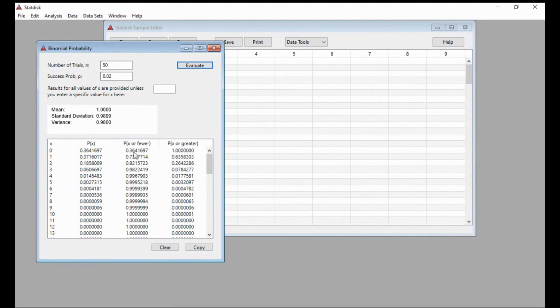Of course, the variable cannot be less than 0, because the minimum value is 0 and the maximum value of the variable is 50. You see that in binomial, the table goes to 50. Of course, to have 50 defectives is almost impossible. It's very, very unlikely that all 50 are defective.